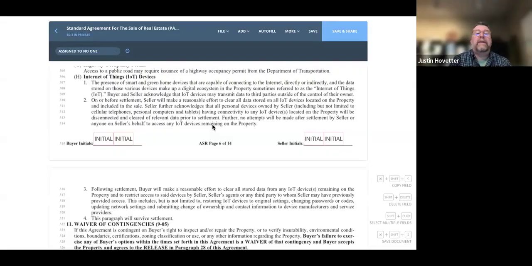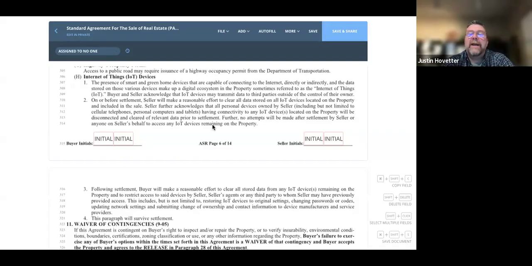So on or before settlement, the seller is going to make a reasonable effort to clear all data stored on all their devices located on the property that are included in the sale. Seller further acknowledges that all personal devices owned by the seller, including but not limited to cell phones, computers, and tablets that have connectivity to the Internet of Things devices located on the property, will be disconnected and cleared of relevant data caches prior to settlement.